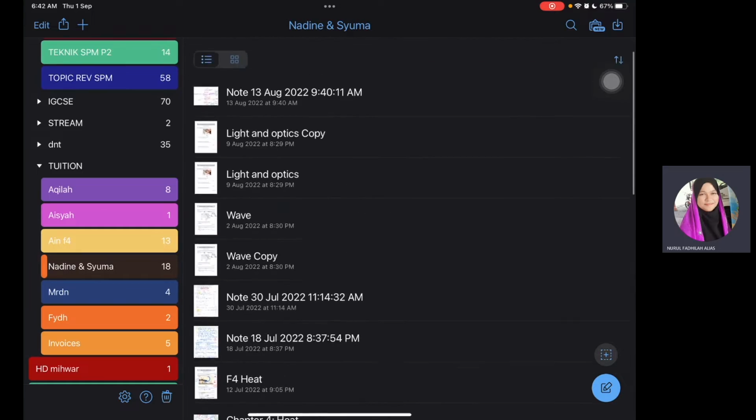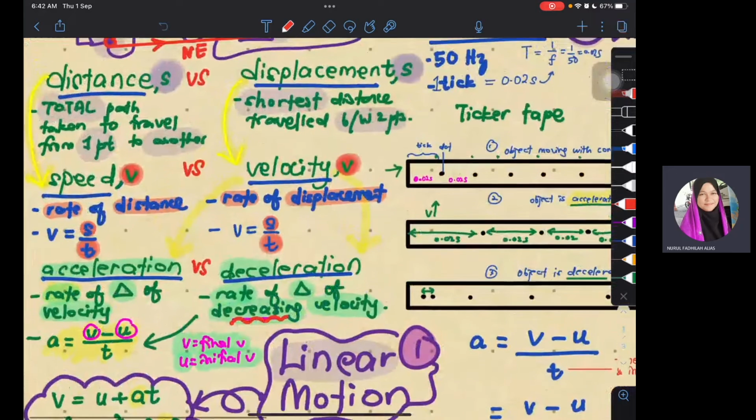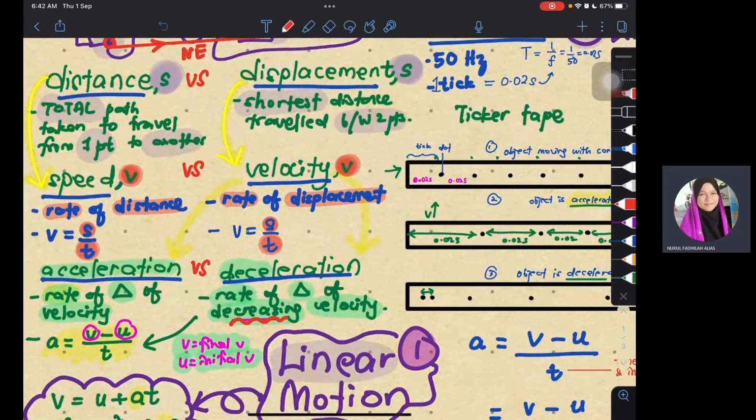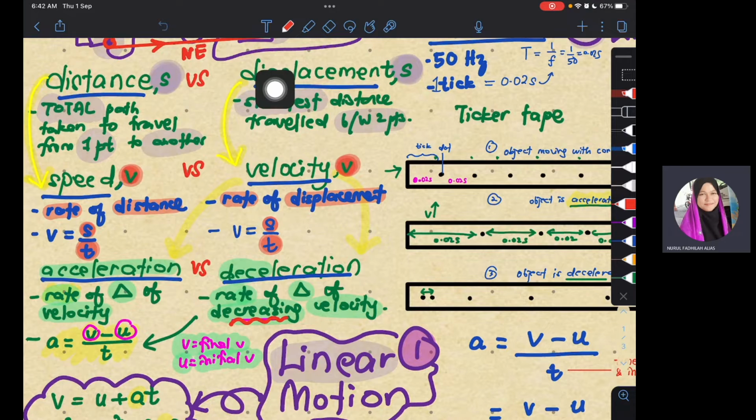Chapter 1. We have distance, displacement, speed, velocity, acceleration, and deceleration. You have to understand acceleration is a vector quantity. It is related to velocity. Velocity is related to displacement. When you talk about velocity, you are talking about the rate of displacement, not the rate of distance. If you use distance, what you get is speed.